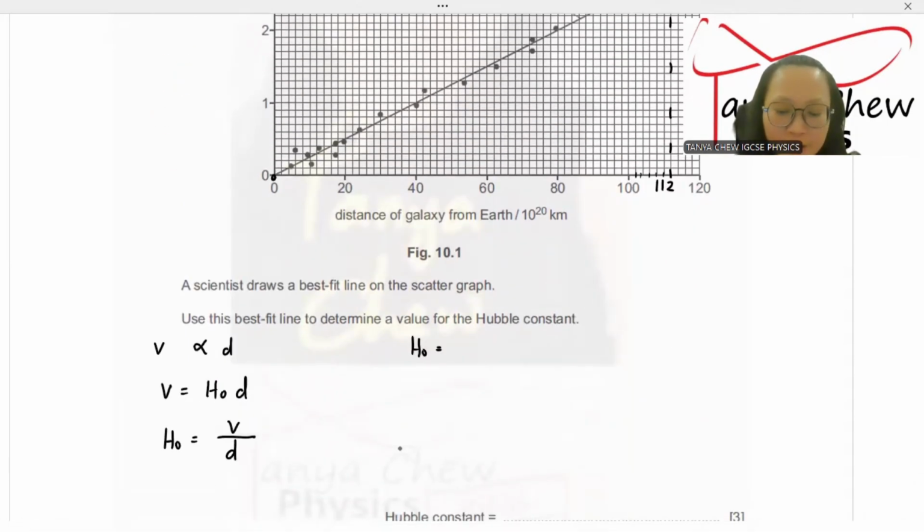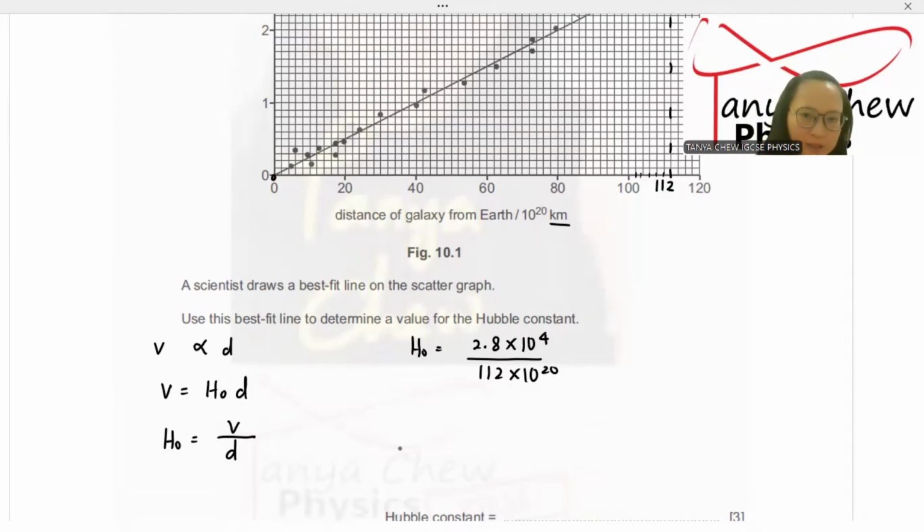Speed is 2.8 times 10 to the power of 4 kilometer per second. I'm going to remain in kilometer because the distance is also in kilometer, divided by 112 times 10 to the power of 20.